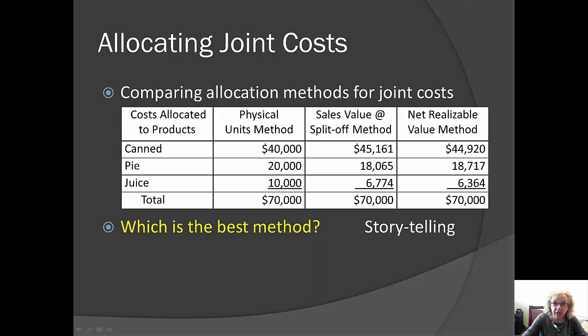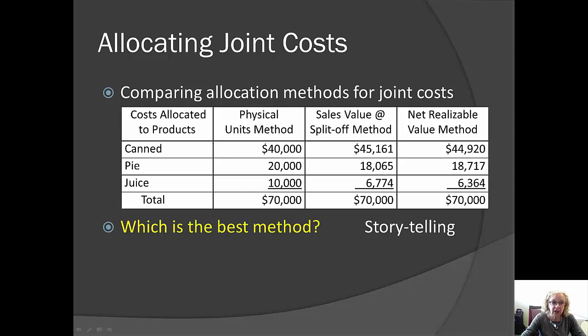If we believe that using the sales value at the split-off method is the best storytelling, then we can use that method. On the other hand, if we feel that using the net realizable value method gives us the best matching, then perhaps we should use that method.